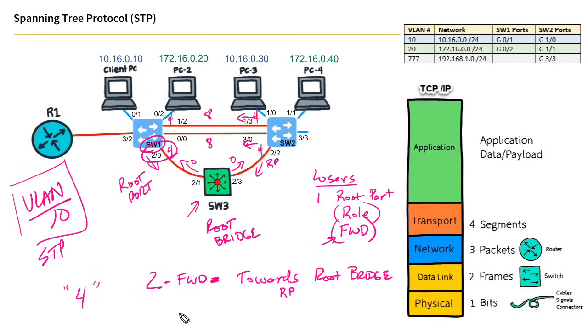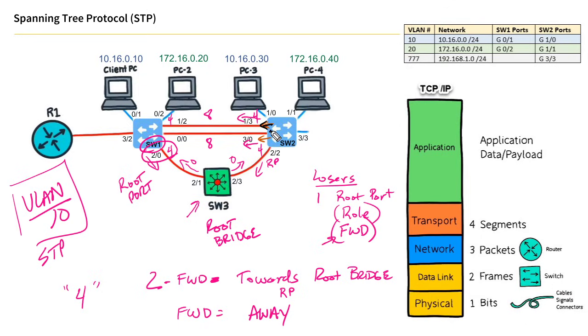There's also an option to forward away. What do you mean away? Well, if we have a port on a switch that's forwarding away from the root switch, it would look like this. Let me put a different color on here. So if we have switch 2, for example, and it's forwarding on this port or this port, let me go to black so it's easier to see.